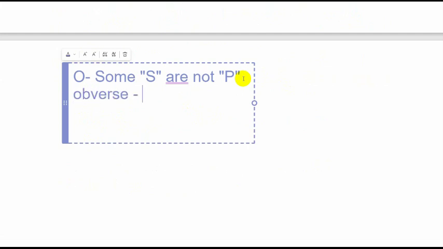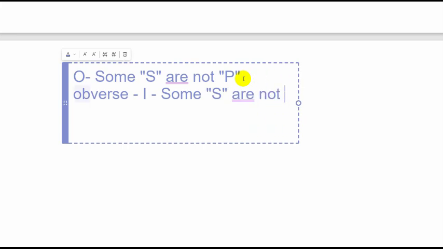The obverse of O is I proposition, and I states some are. So some, and in obverse, again the subject and the predicate don't change, only the predicate becomes its complement. Some S are non-P.